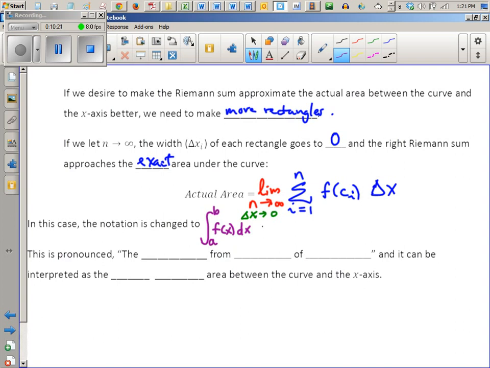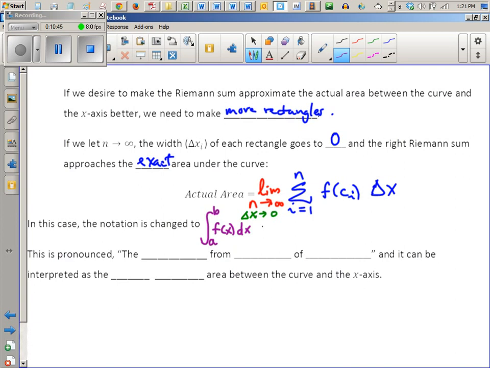Now notice the f of x is still here. This said f of c sub i, and this now says f of x. And notice what happened to delta x. Delta is the capital Greek letter for d, right? That got shrunk down to just a lowercase d. So your delta x's have all collapsed down to become differential in size, which means basically infinitesimally small, non-zero.